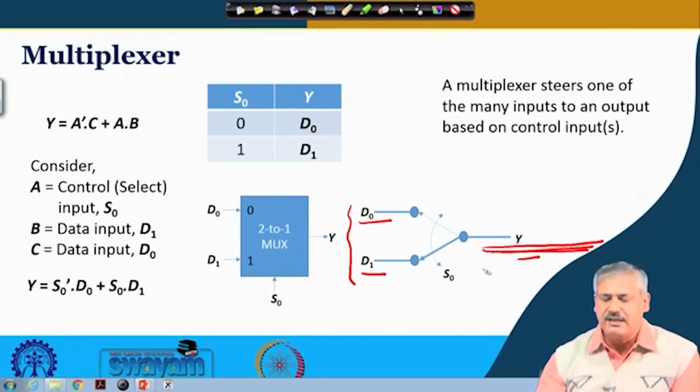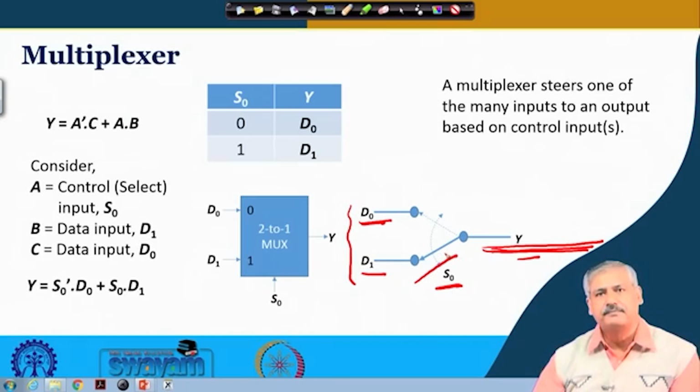So here one channel can be used by both D0 and D1 depending on the need, and who will take control over the transmission channel, that is Y, is decided by S0. So when S0 is 0, D0 gets connected to Y, and when S0 is equal to 1, D1 gets connected to Y.